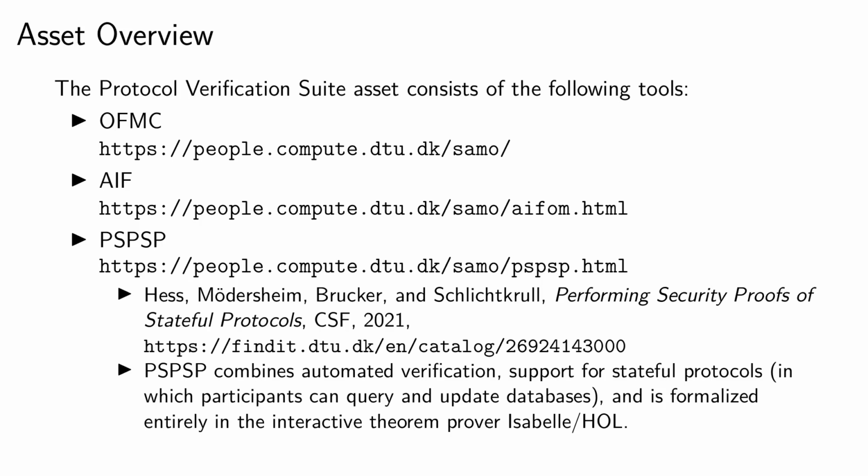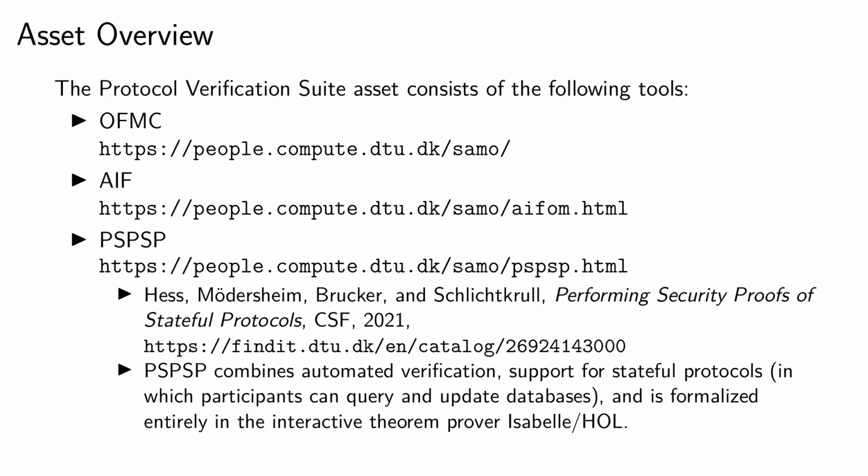The third among these three tools, PSPSP, is the newest in the tool suite. And among the tools in the suite, it has the unique advantage that it combines both automated verification, support for a large class of so-called stateful protocols, and most importantly, the tool is formalized in an interactive theorem prover called Isabelle HOL, or just Isabelle for short.